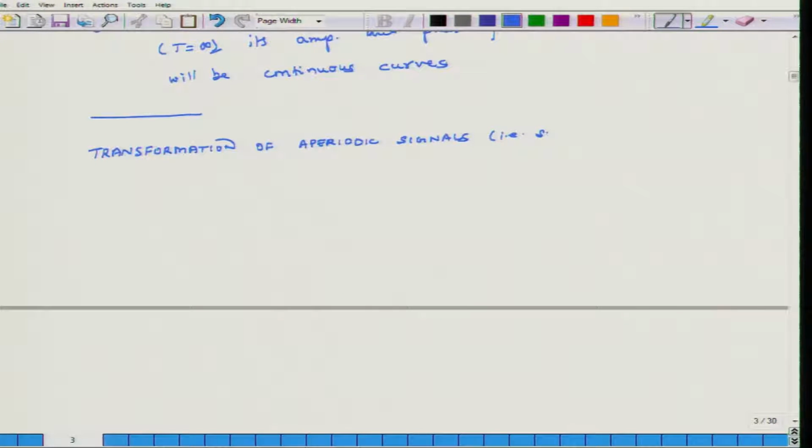That is a signal with T equals infinite. So, the transformation of aperiodic signals in the frequency domain is carried out by the Fourier transform.